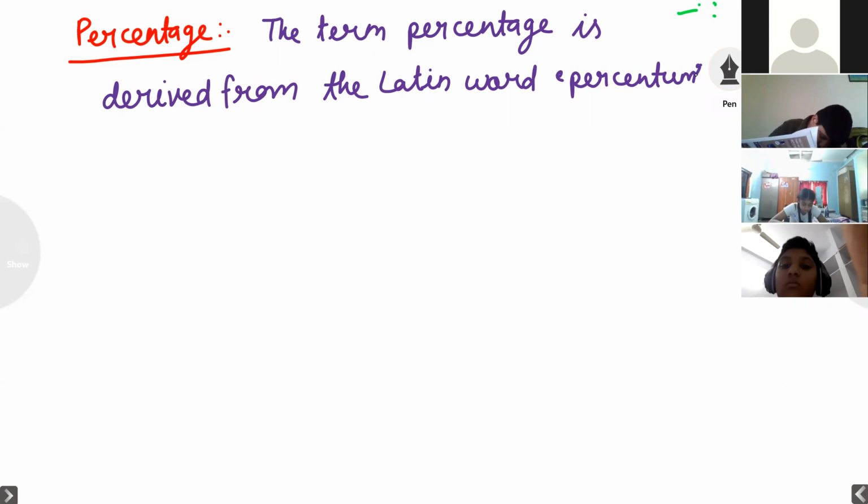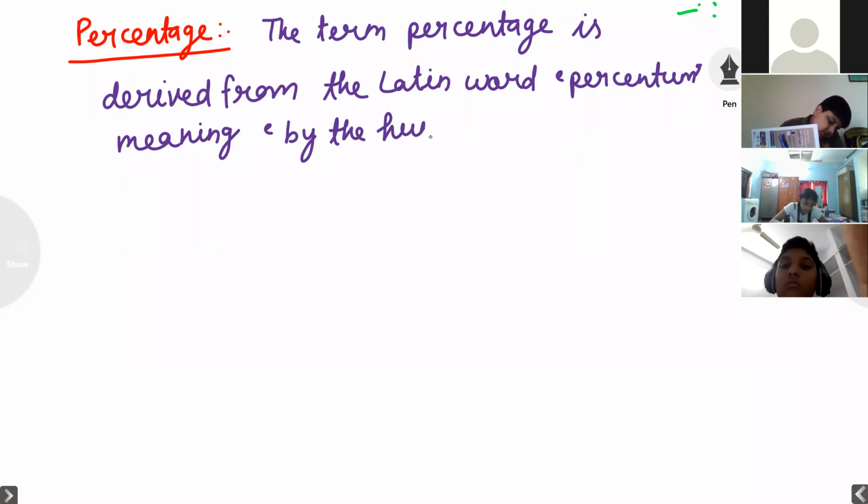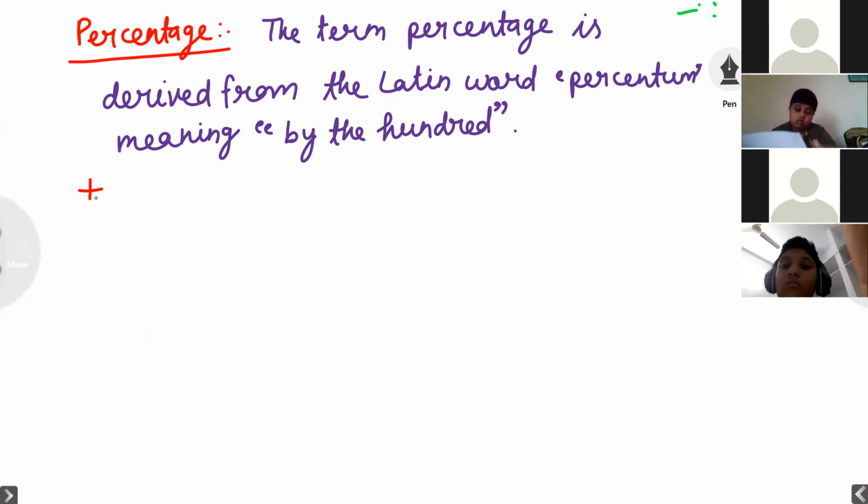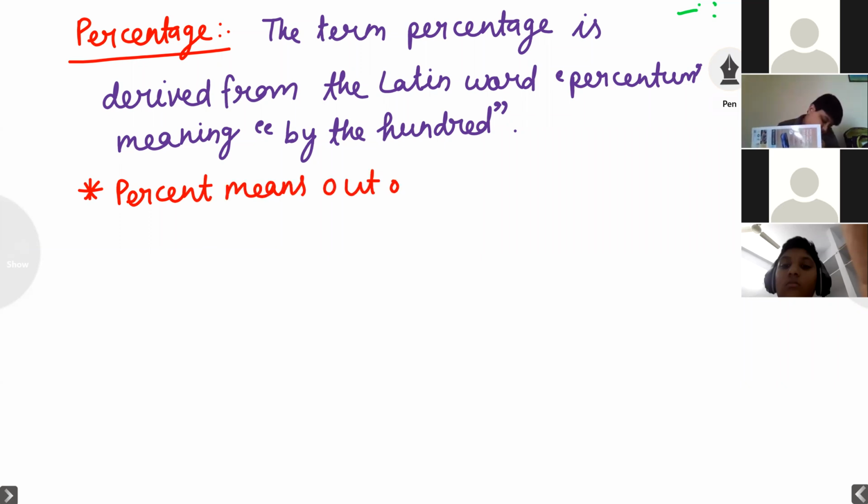Percentum means by the 100. The first point: percent means out of 100.